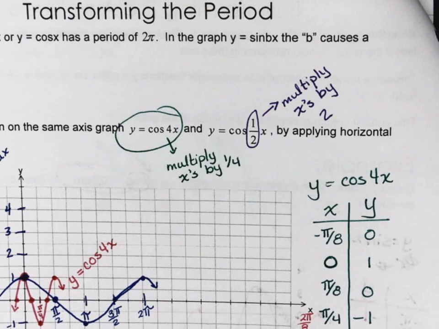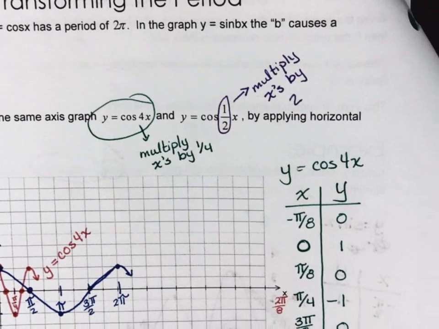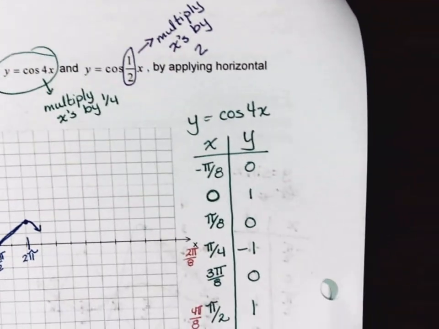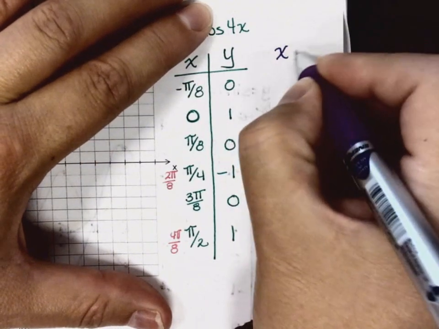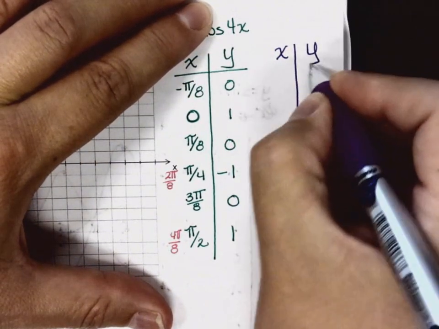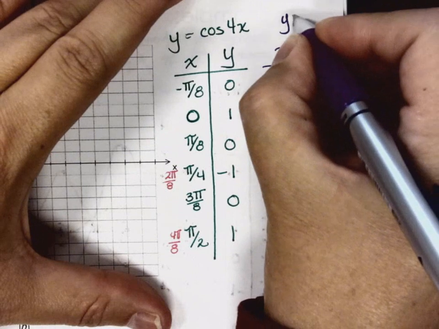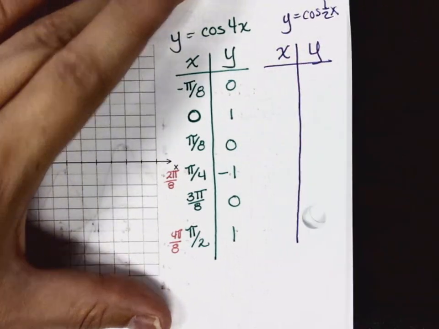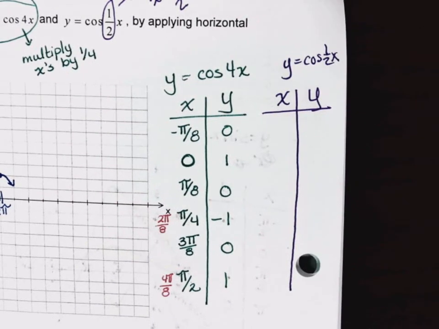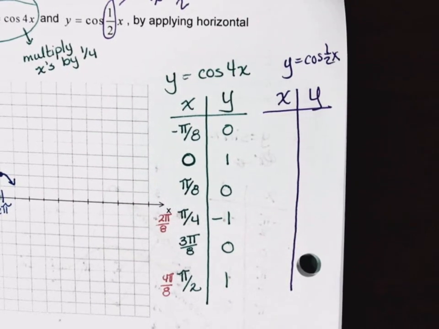Let's use the correct language. Anytime we're multiplying, it's by a factor. Factors are associated with multiplying. This is a verbal or written mapping rule. Nothing's happening to the y's.